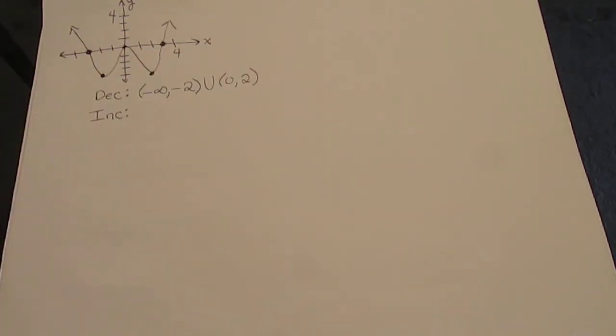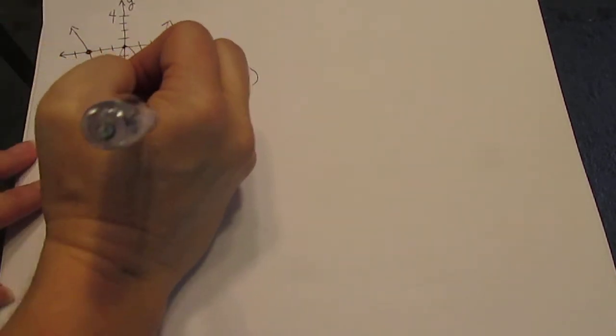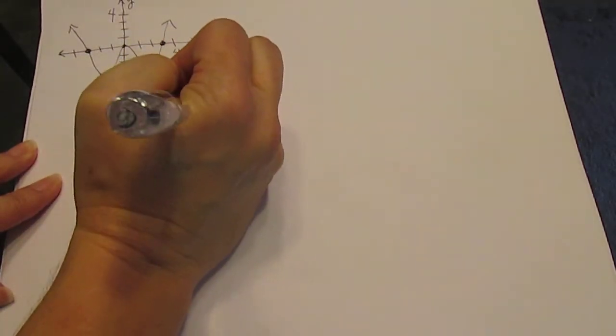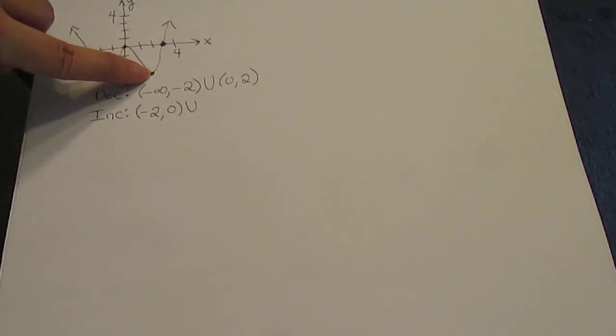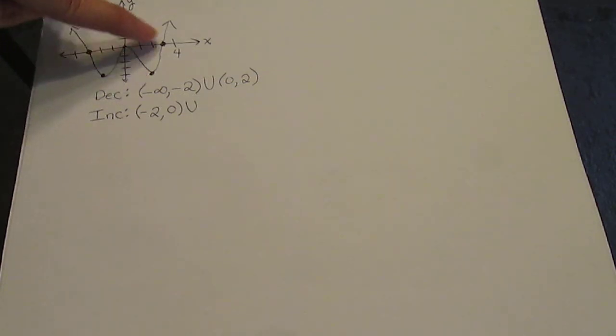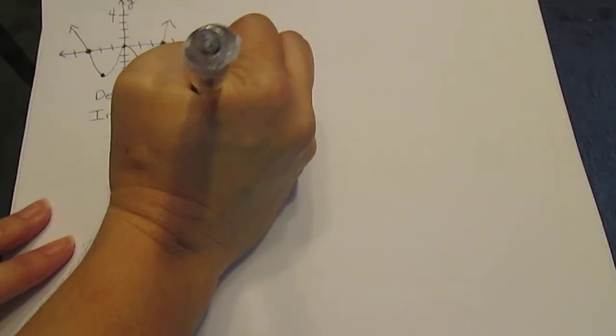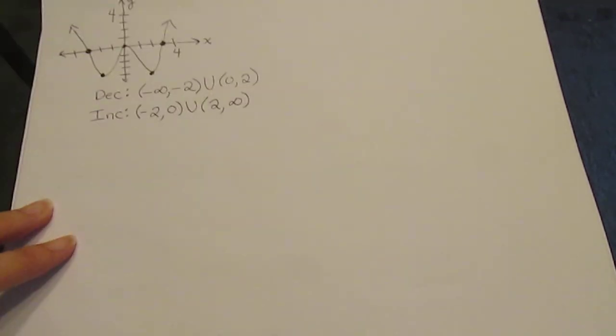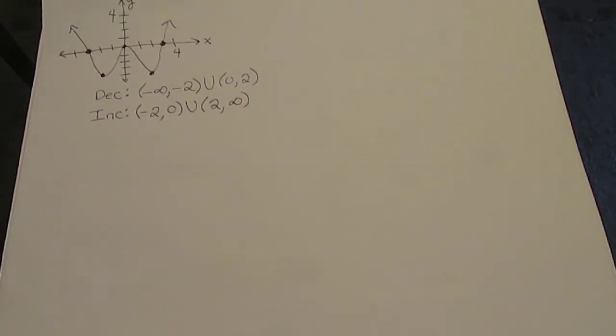Okay, and you can also see that it's increasing from -2 to 0. And it's increasing from 2 to infinity. So just make sure you use x values to describe where it's increasing and decreasing.